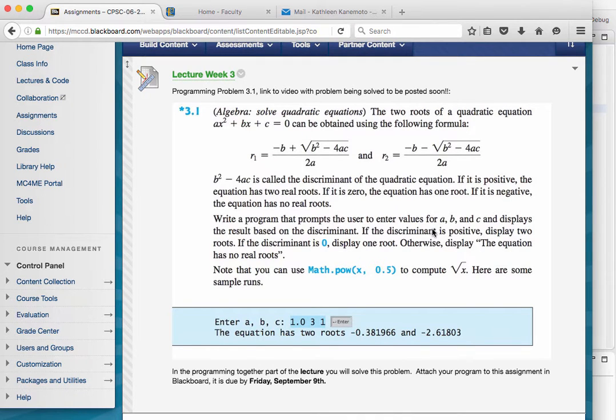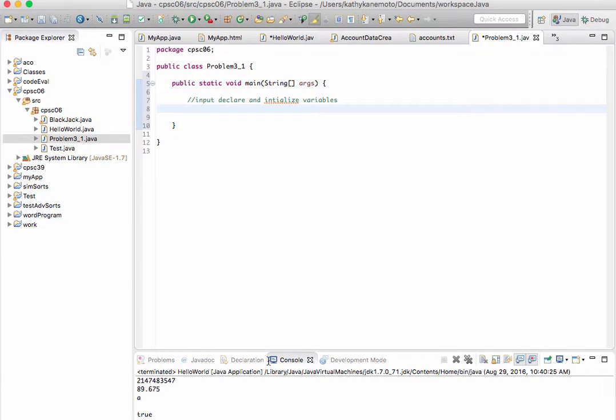Now, as I've told you before, you should name your variables good variable names. So let's go ahead and decide that we're going to make these a double value because they could be decimals. And we'll go ahead and name them var A, var B, and var C.